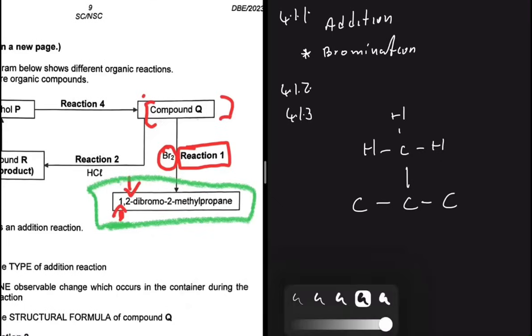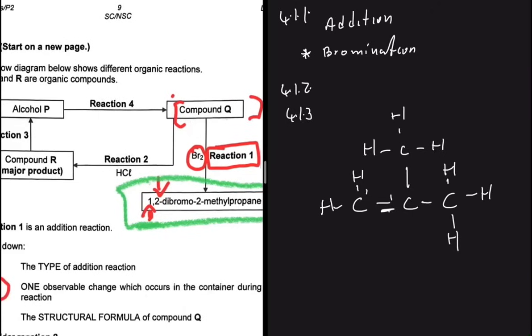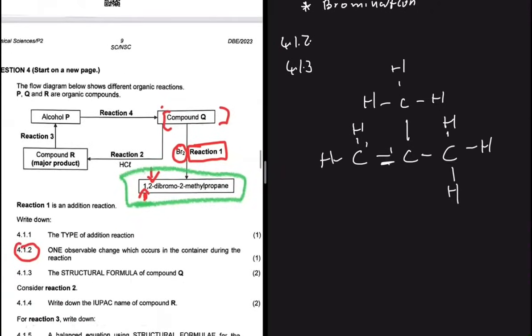So we're going to have a double bond here, and everywhere else we can fill in hydrogens, since it's saturated. 1, 2, 3, 4, that one is okay. And the one in the middle, 1, 2, 3, 4, that one is also fine. So yes, this is the structural formula of compound Q.